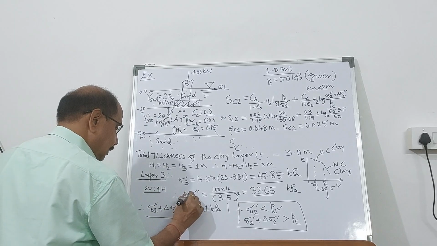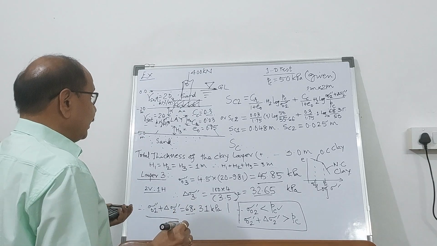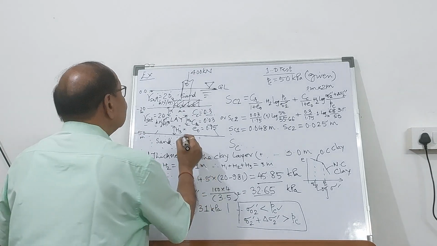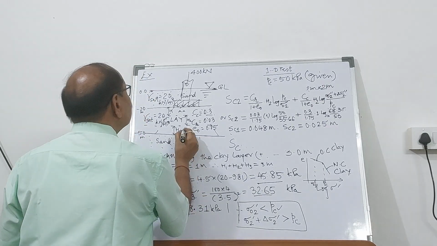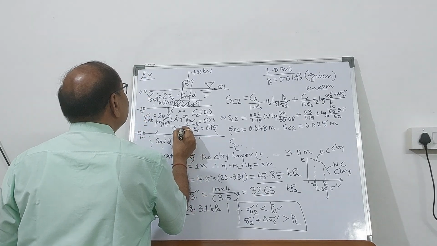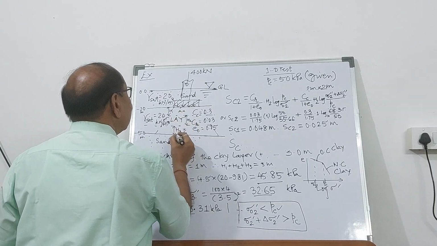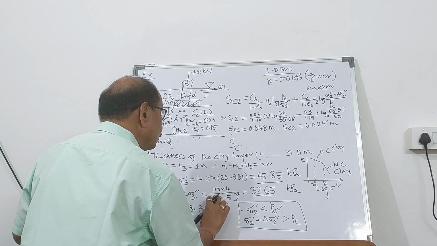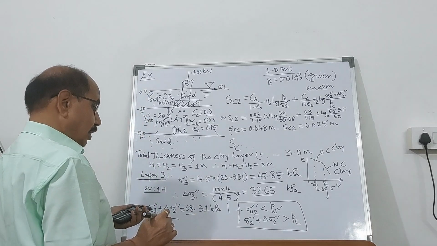Similarly, the increase in pressure due to the intensity of loading through the footing will be this. So what is the area at this midpoint? It will be 2 meter and now it is going to be 2.5. So 2 plus 2.5 becomes 4.5 whole square.